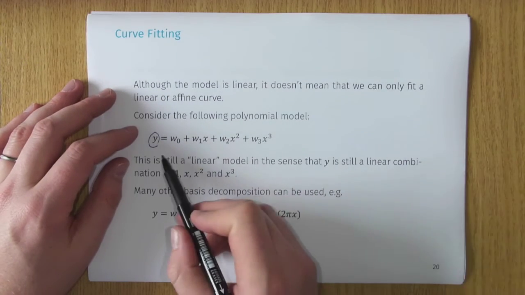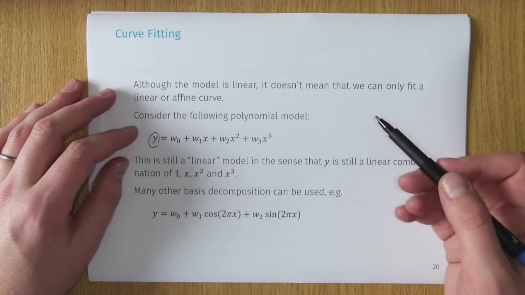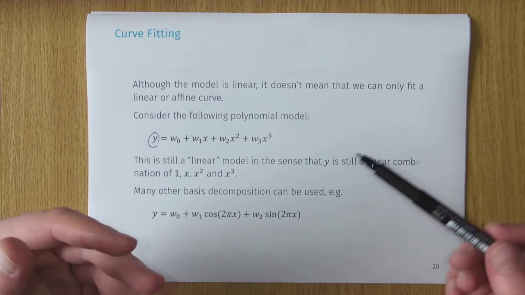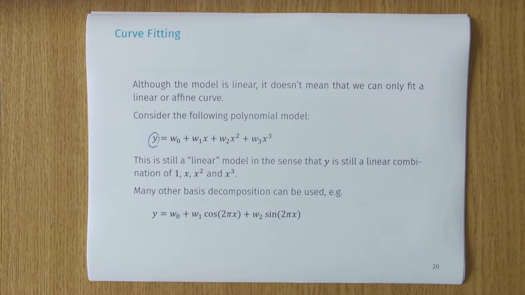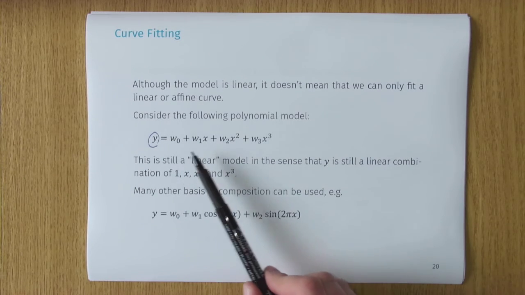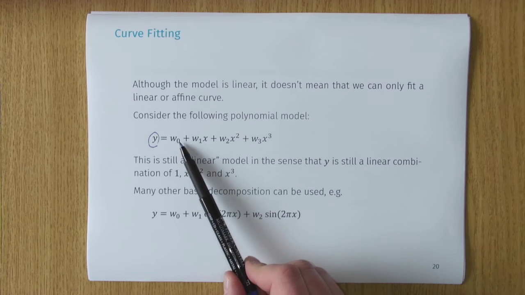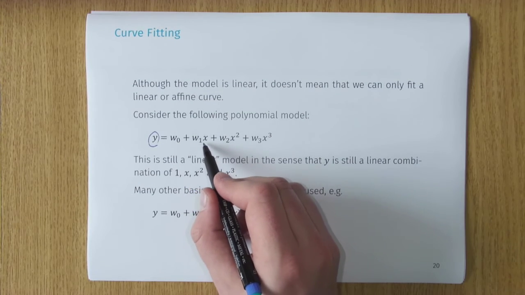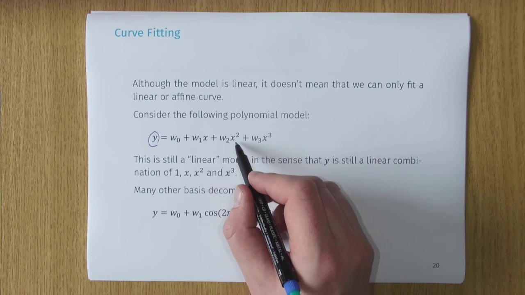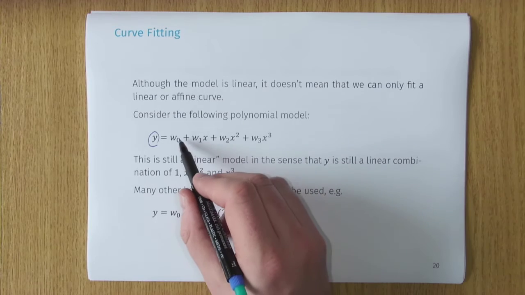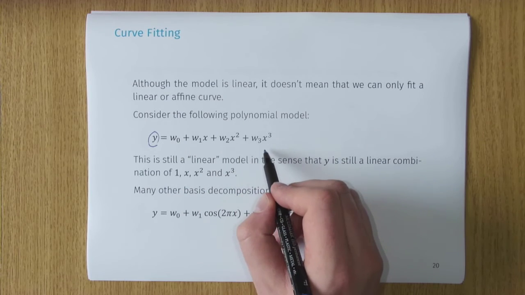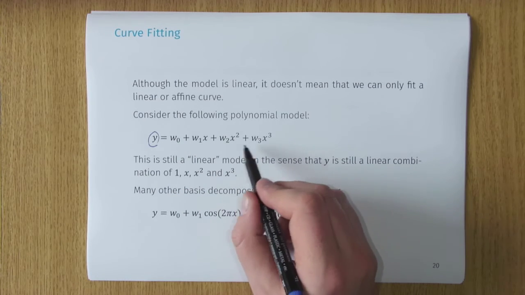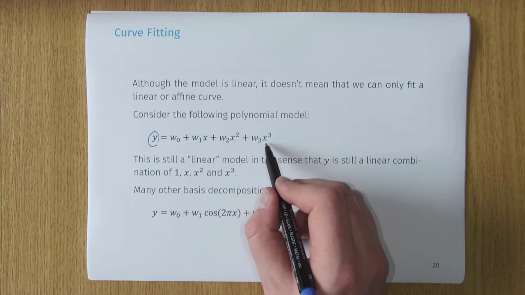So if you want to fit a polynomial to your data, the polynomial is nonlinear, but it is linear in the basis functions. So here you have w0 times 1 plus w1 times x, and then, the same way we've added a 1 here, we add 2 extra features, x squared and x cubed.